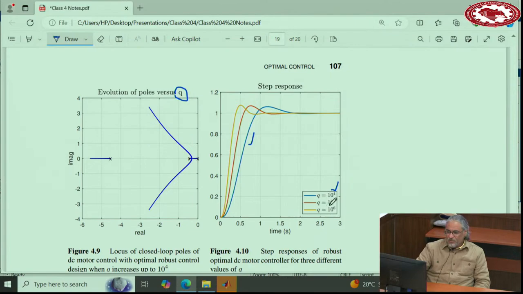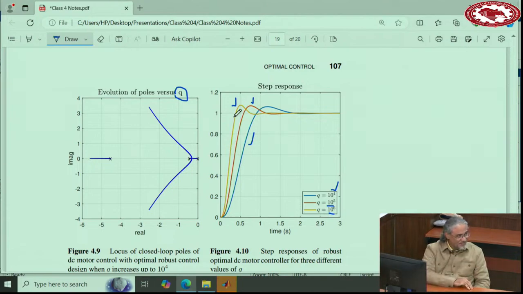If you choose q 10 to the power of 5, you push the poles more to the left, so the response becomes faster. If you choose it 10 to the power of 6, it becomes even faster. But the interesting thing we realize is that the oscillation does not change. You make it faster and faster, but the level of oscillations does not change. It's almost impossible to get the same thing using the transfer function approach, unless you are very expert.